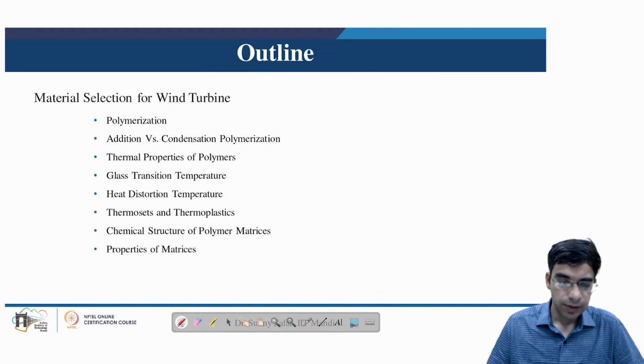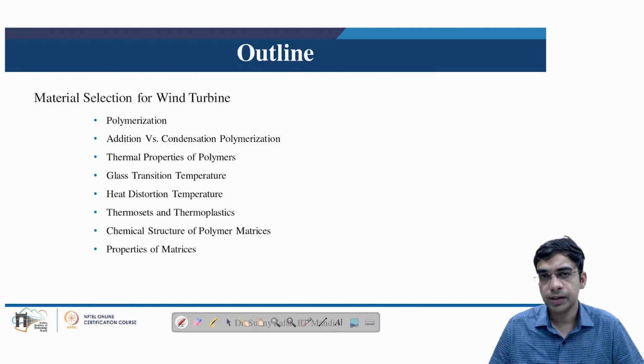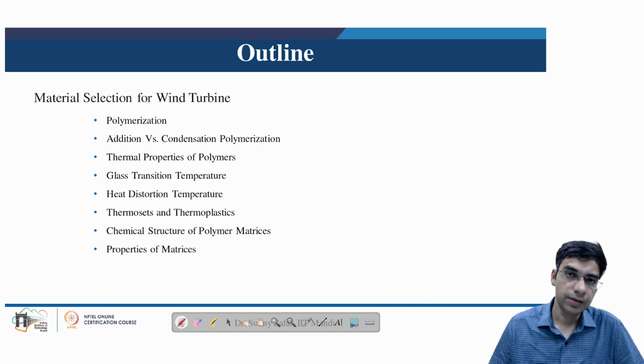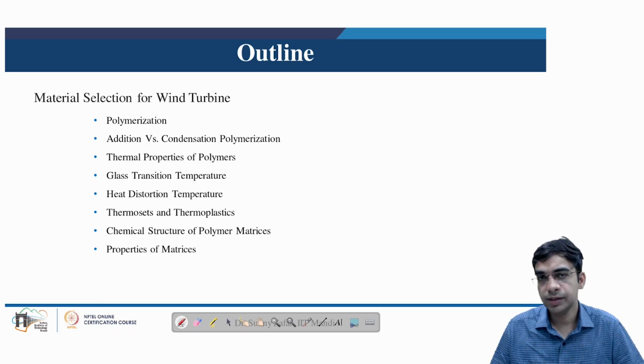So the outline of this lecture will consist of a detailed discussion on the polymers, and the polymerization reaction through which the polymers are developed. The detailed discussion will also include addition versus condensation polymerization. In general, we will discuss the thermal properties of polymers, the concept of glass transition temperature, and heat distortion temperature.